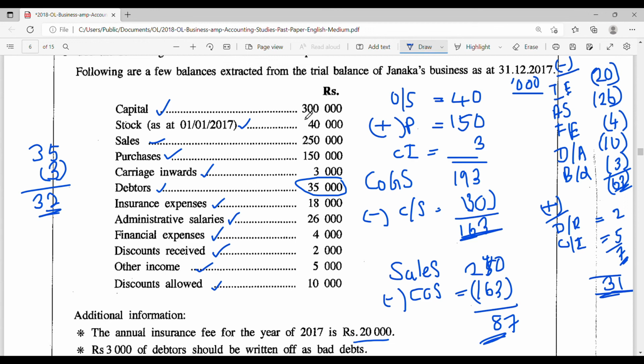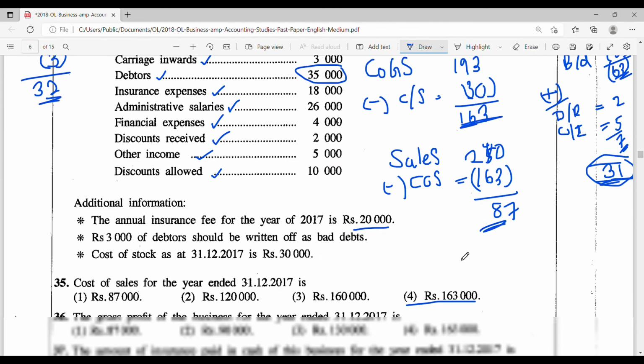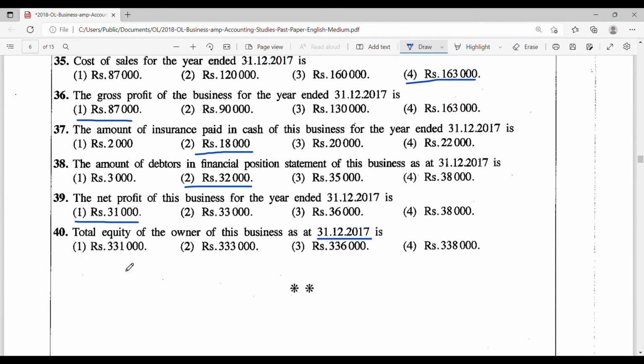Here there are no drawings and no losses, so only capital and profit. Opening capital of 300,000 plus 31,000 of profit, you will end up with total closing equity of 331,000, which is answer 1.